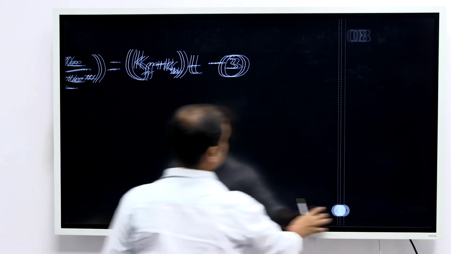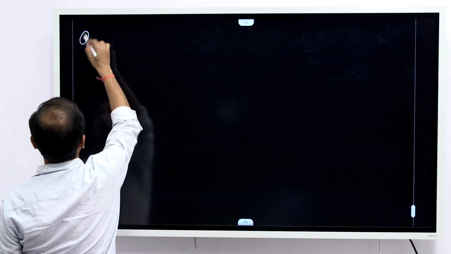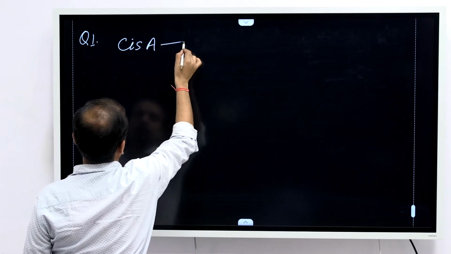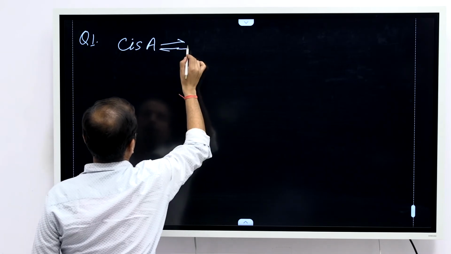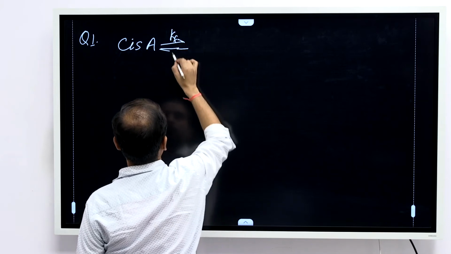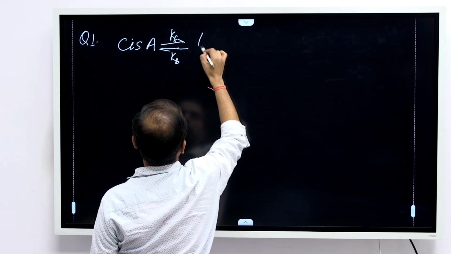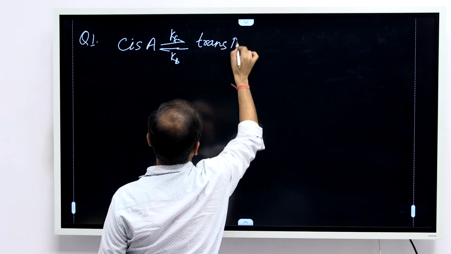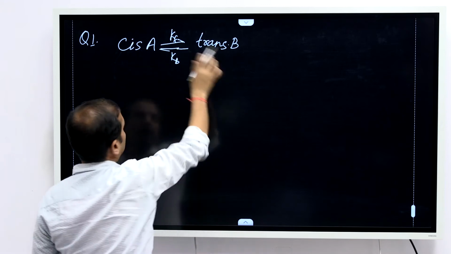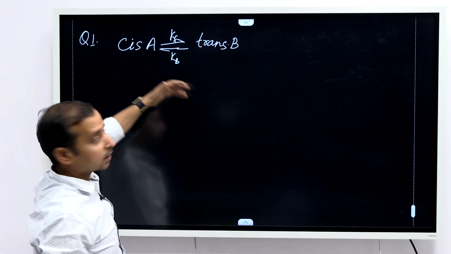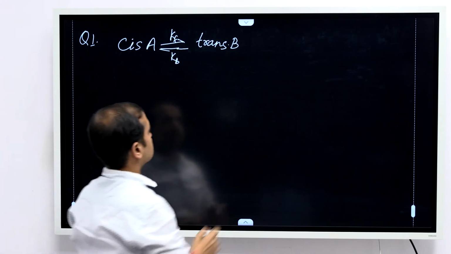So our first problem is, we have a cis compound which changes to a trans compound, which is in equilibrium with its trans form, and on both sides the reaction is a first order reaction.